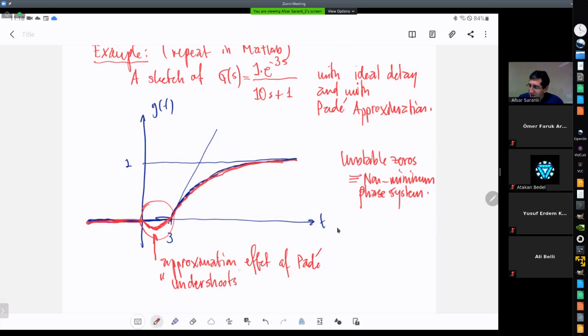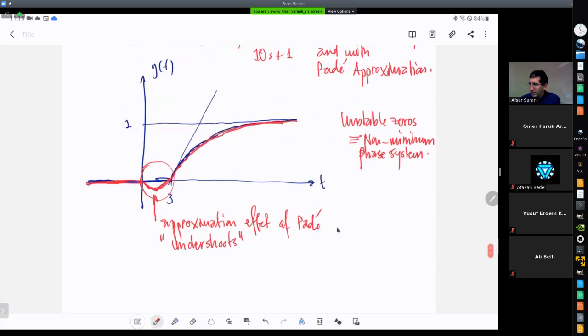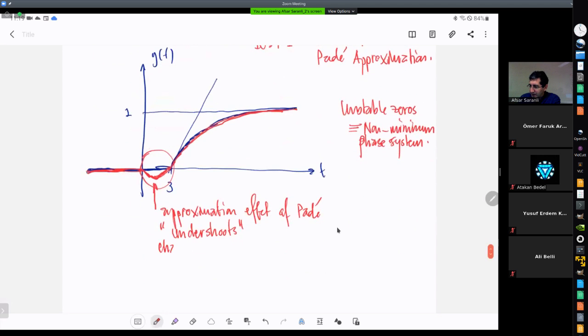Undershoots do not exist for minimum phase systems, but if you have an unstable zero, you can see an undershoot in the system. Okay, this is a characteristic of non-minimum phase systems.